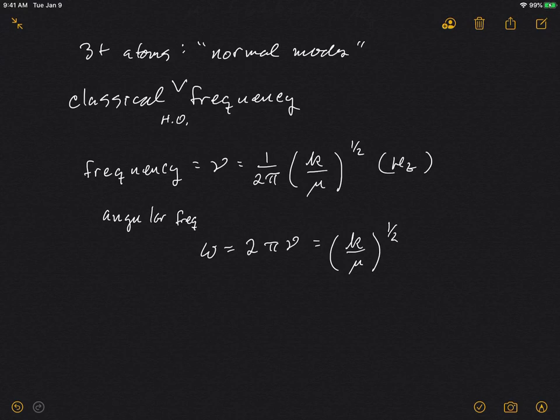Again, these are results from the classical harmonic oscillator. I'm not going to go into them, but we'll use them in a couple of ways. One is it's a way to collect a couple of our constants together that are related to this system, one being the spring constant k and the other being the reduced mass mu. And we saw how to calculate mu. And we'll come back to some more examples.